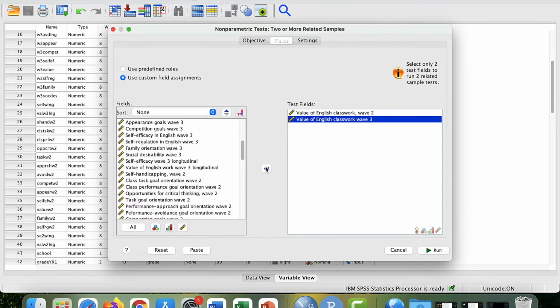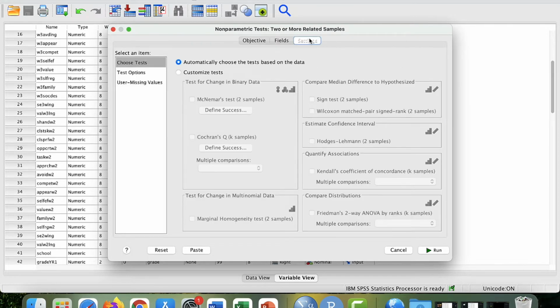Okay, so I've got the two variables that I want to compare, and I can go to Settings, and here I can customize the tests. Here I can do a Wilcoxon matched-pair rank test if I want to, or I can just let SPSS do it for me, and it's going to come up with the same test.